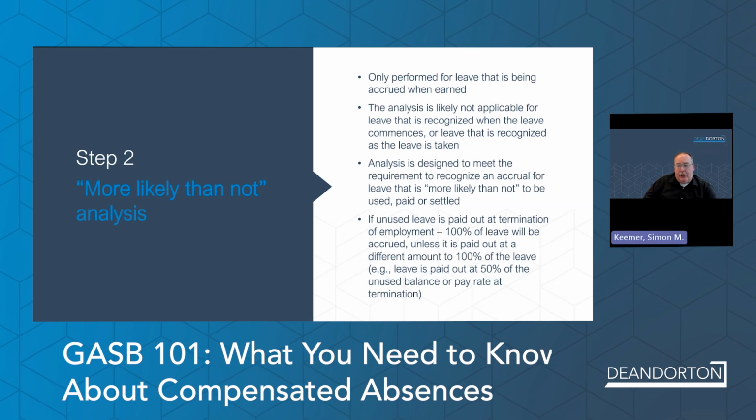And so again, there is a shortcut that you can use if your administrative policies lean this way. So if you have a policy for a certain type of leave, and this doesn't have to be for every type of leave that's being accrued, you do it by buckets. So if you've got vacations separate from sick leave, you deal with vacation separately from sick leave. So maybe your vacation policy is you get this much per year that you work here, and if you terminate employment, 100% of the leave that you haven't used will get paid out at your pay rate at that date.